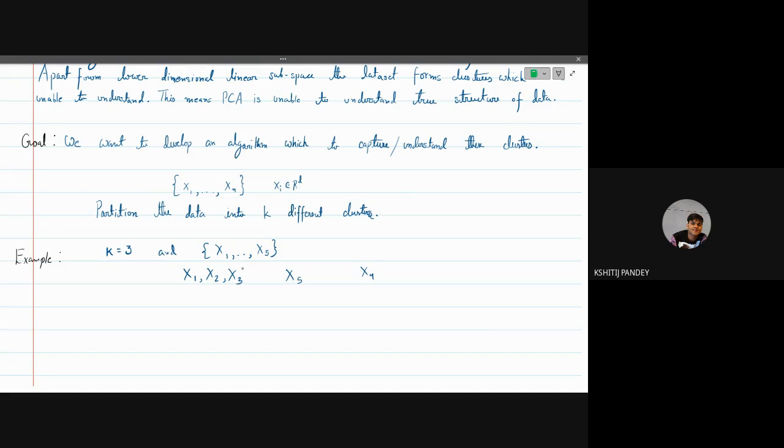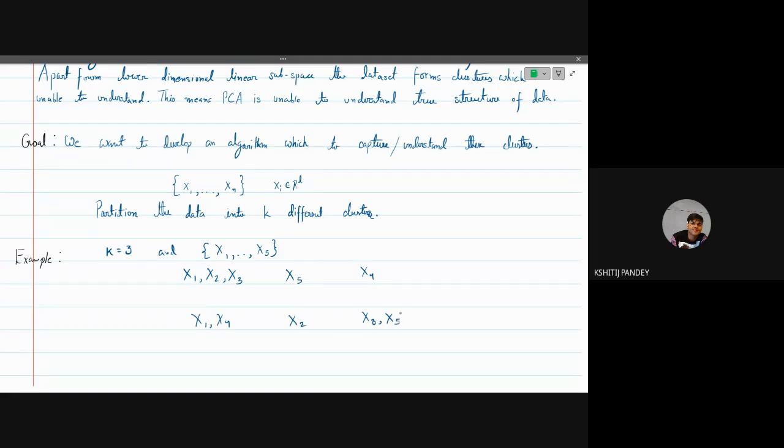The other possible way is, let's say you have x1, x4 in one cluster, x2 in another cluster, and x3, x5 in the third cluster.